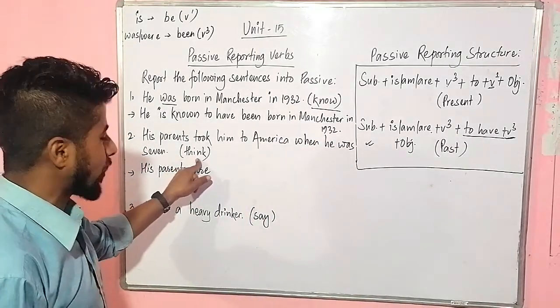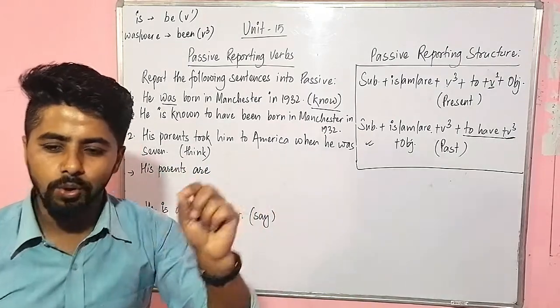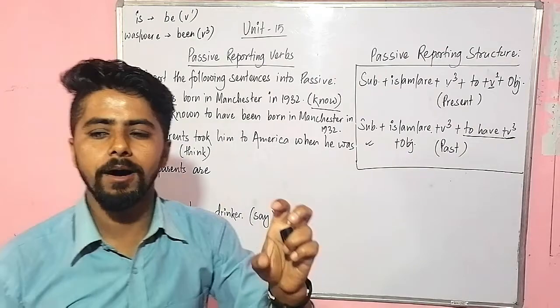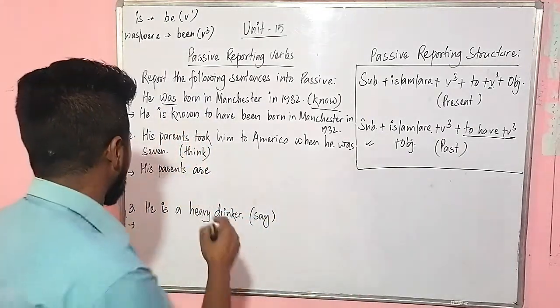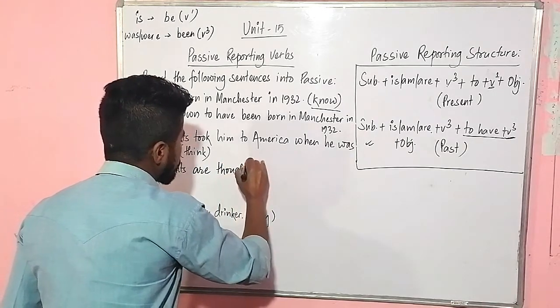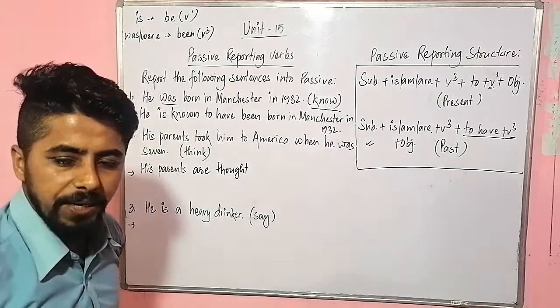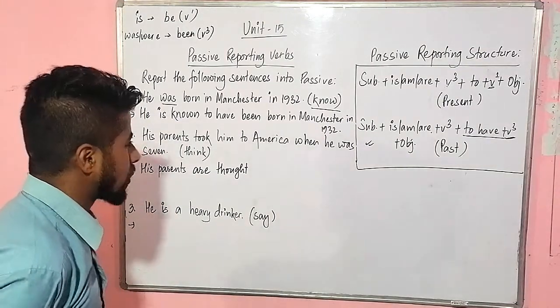What is the verb given in the bracket? Think is given here. So let's use the third form of think, the past participle form of think, that is thought. His parents are thought. T-H-O-U-G-H-T, thought is the V3 or past participle form of think. So his parents are thought.